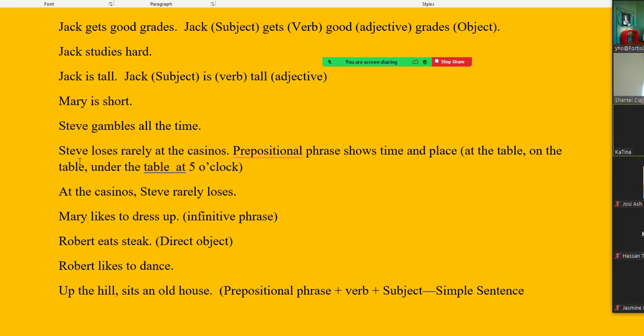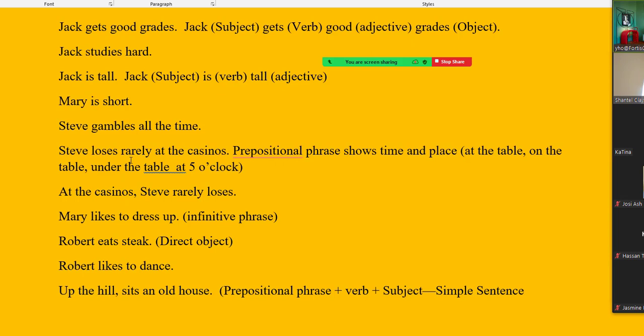Steve is the subject. It's also a noun. Loses is the verb. And then rarely, object? What about rarely? Most words that end in -ly are what part of speech? It's an adverb. Right.